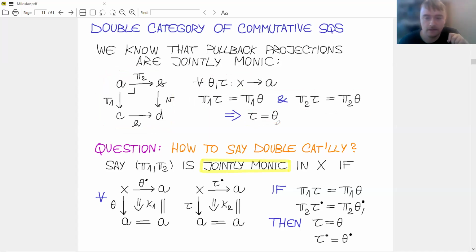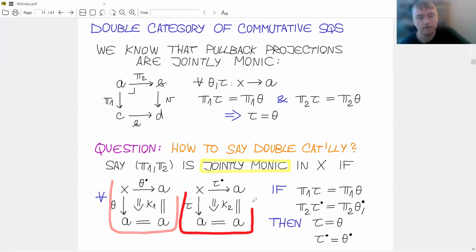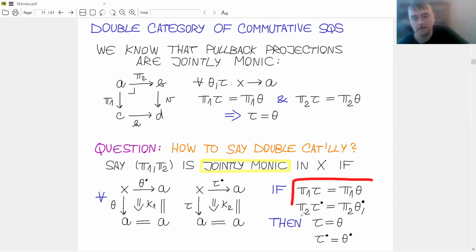So the question is how to say it double categorically. The way that worked for me in my paper was the following. We say that the top left corner like this is jointly monic in a double category if for every squares kappa 1, kappa 2, like this, it holds that if these are equal, then these are equal.